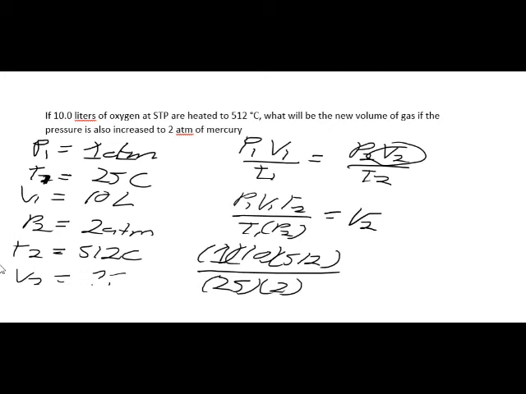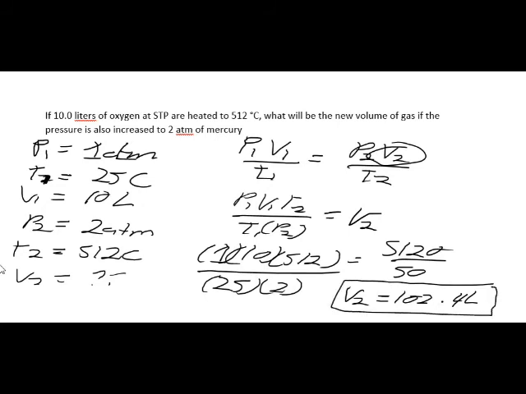So 5120 divided by 50. So V2 would be 102.4 liters. Okay, that would be our final answer.